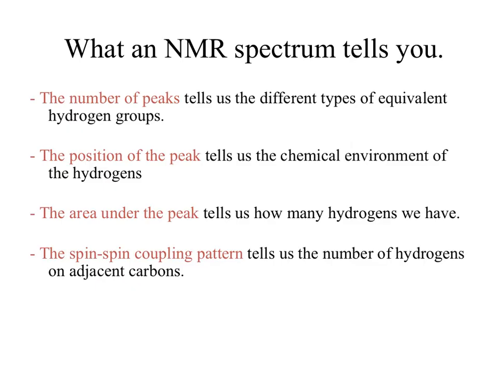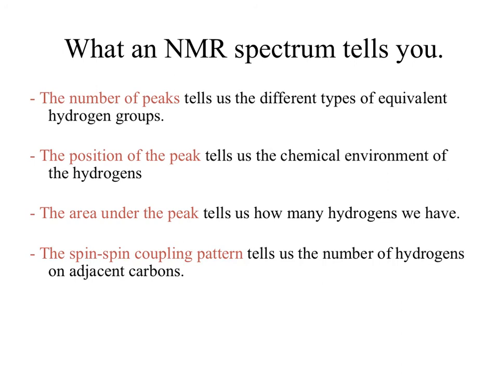Now if we sum it all up, an NMR spectrum tells us about the number of peaks, which tells us the different types of equivalent hydrogen groups. The position of the peak tells us about the chemical environment of the hydrogens. And remember, we get that from the back of our data sheet.